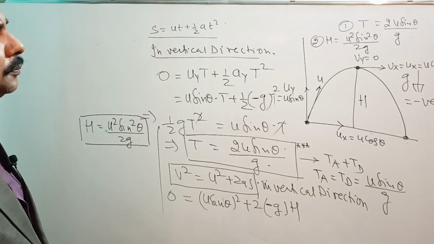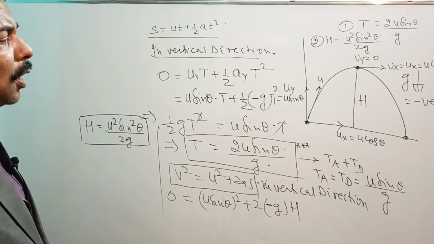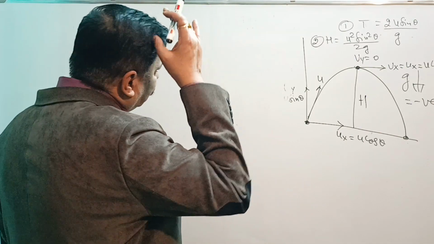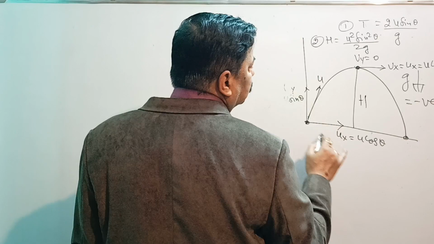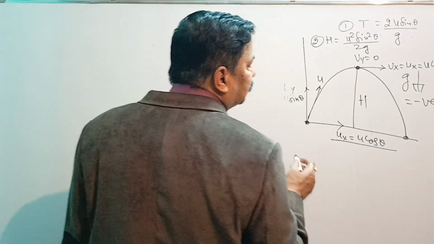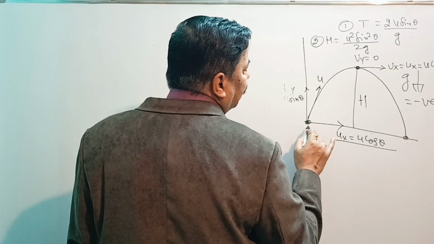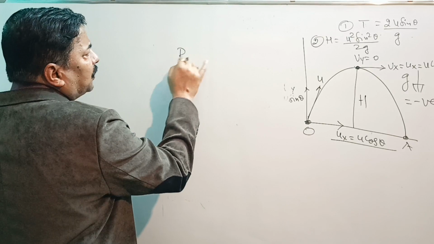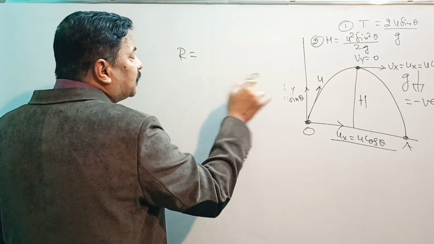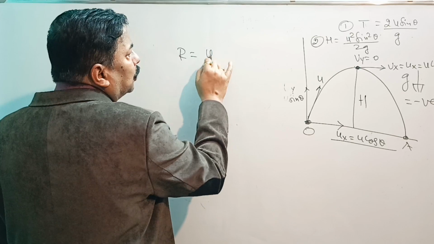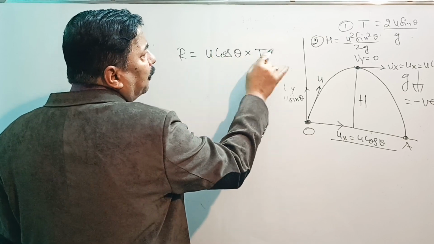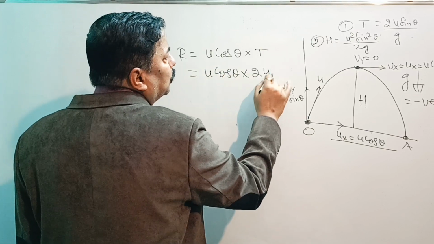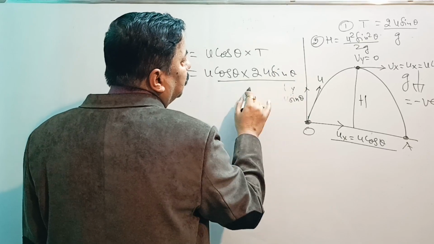Now third relation that we have to find is for the horizontal range. If we want to find the horizontal range, cos is your this uniform velocity. So horizontal range, that means from distance O to A, this R is equal to horizontal velocity u cos theta into time of flight, that is u cos theta into 2u sine theta by g.